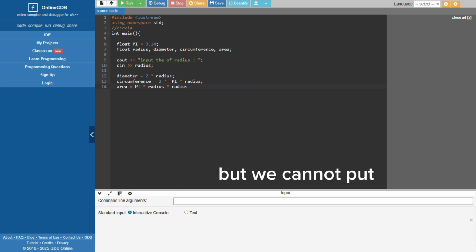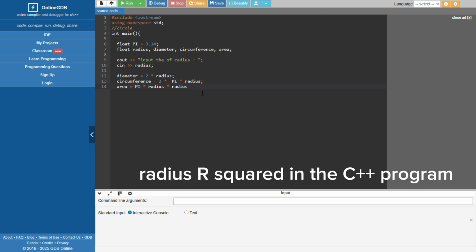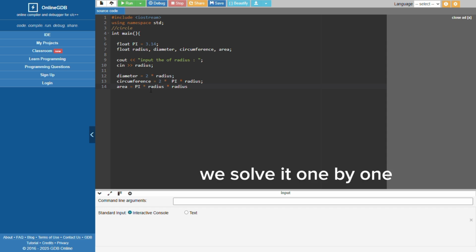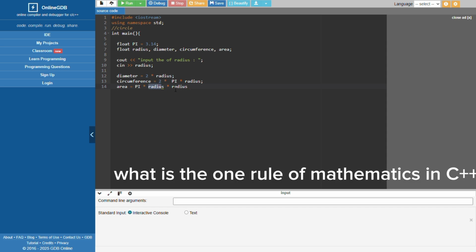But we cannot put radius r squared in the C++ program. So in order to solve radius, both two radius, we solve it one by one. That is one rule of mathematics in C++.